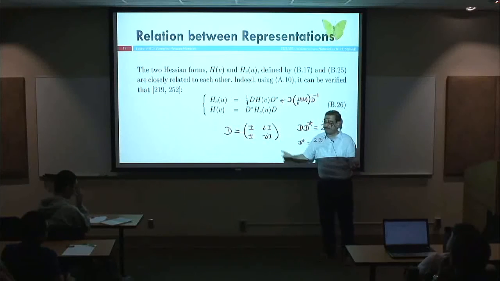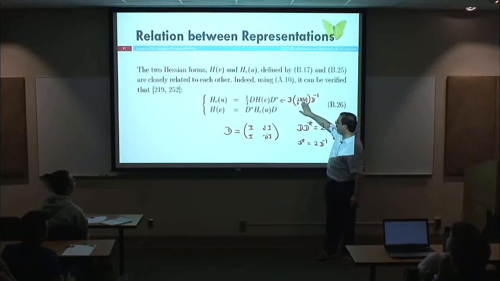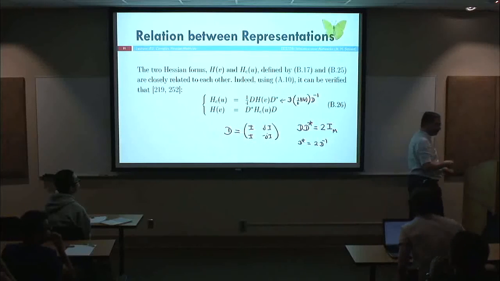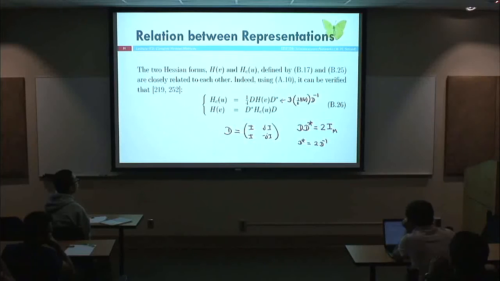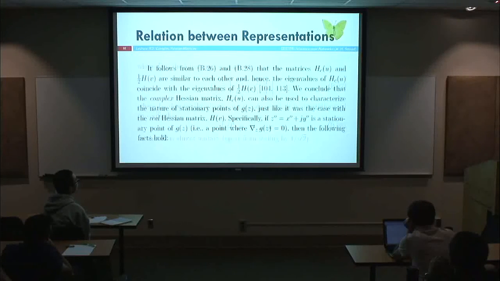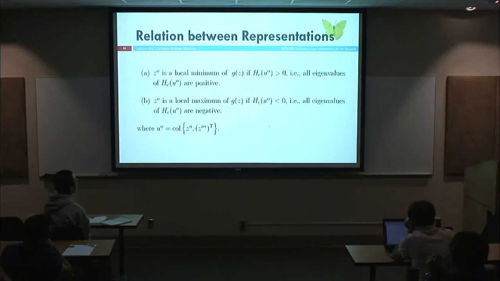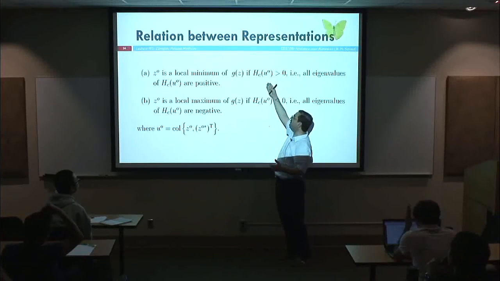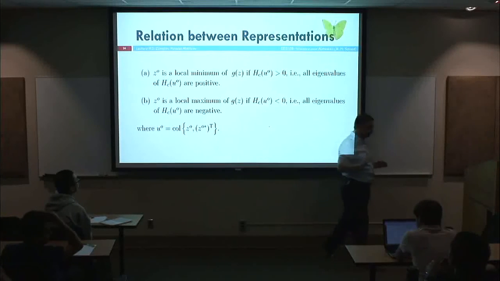So this relation tells you that you can use either H of V, the real Hessian, or the complex Hessian to answer that question. Understood? Okay. So I already showed this. Okay. So that's where I get these statements from, right? You deduce them from the equivalent statements in the real domain. Okay? Very good.